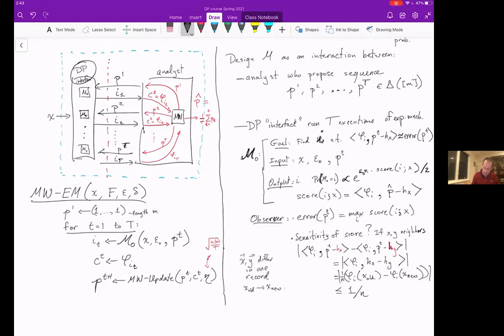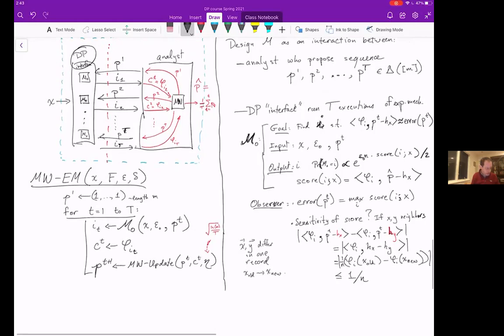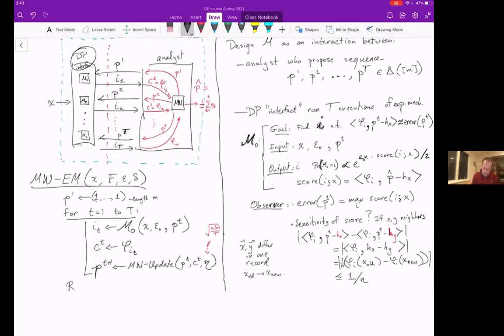So this is the same update we did when we talked about multiplicative weights last time. We're roughly setting P sub t plus 1 to select a data record with probability exponentially small in the cost it has experienced so far. And then finally we return the average.